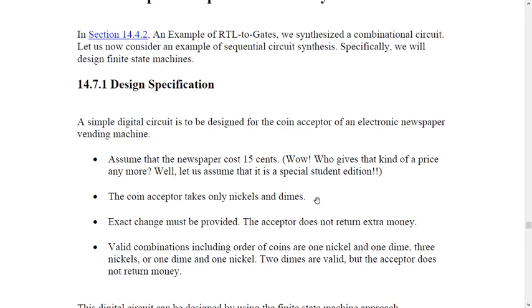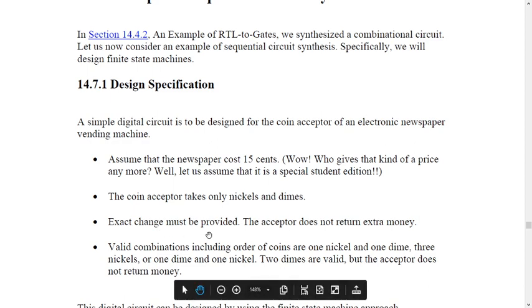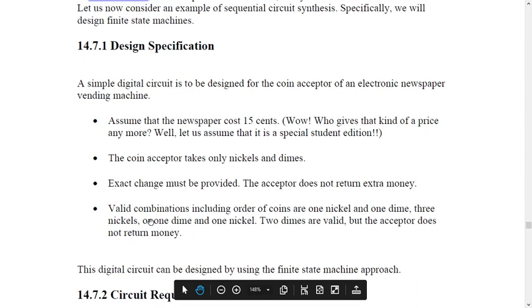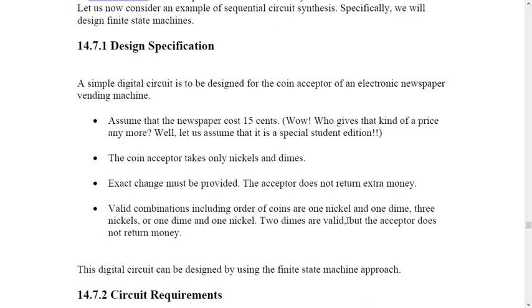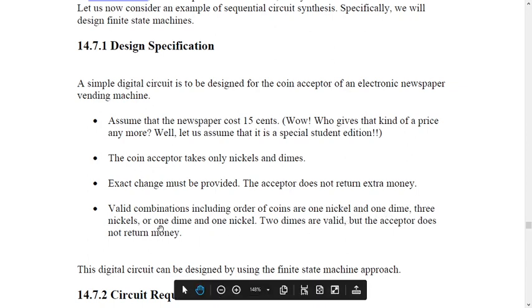Exact change must be provided. The acceptor does not return extra money. Valid combinations, in order of the coins, are: a nickel and 1 dime, 3 nickels, 1 dime and 1 nickel. 2 dimes are valid, but the acceptor does not return the money.